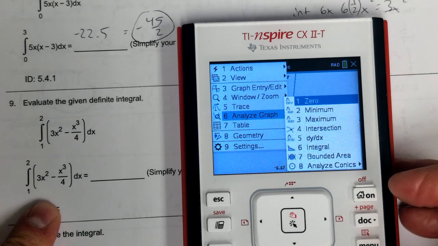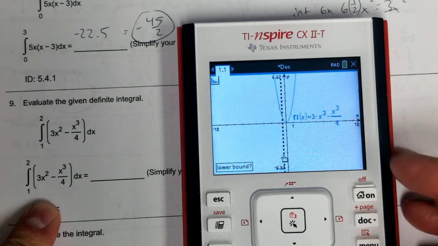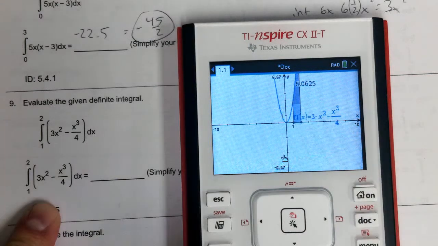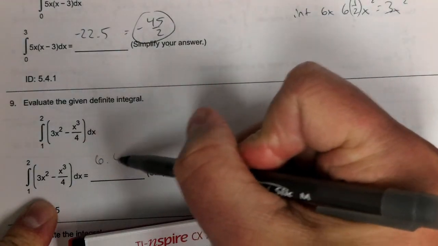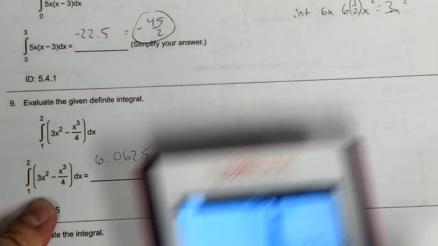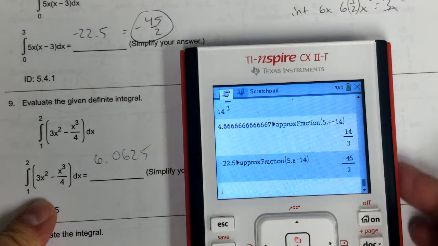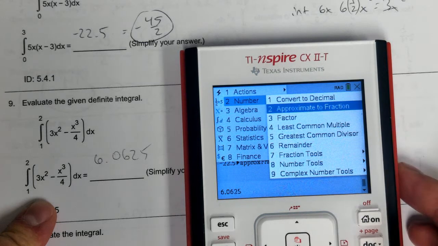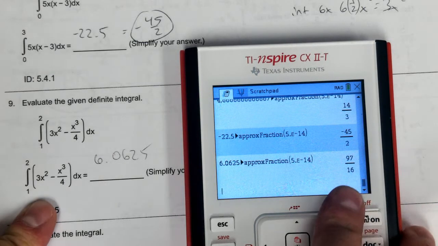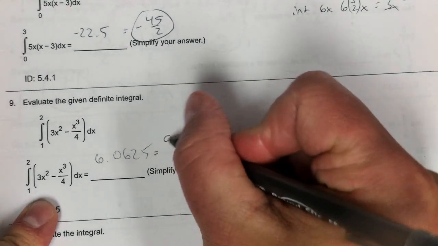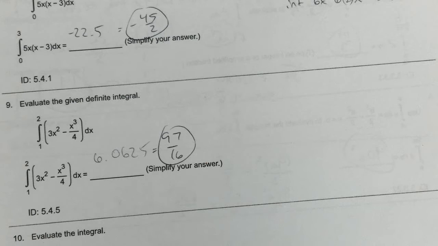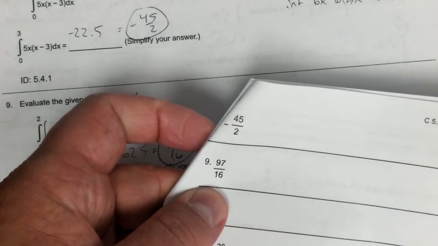Menu, analyze, integral, 1, enter, 2, enter. Okay, so I get 6.0625. So go over here, 6.0625 as a fraction is 97/16. So again, this is the easiest way to do it, and that was the correct answer.